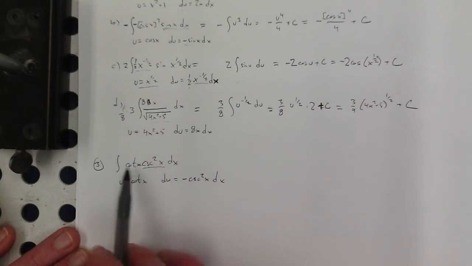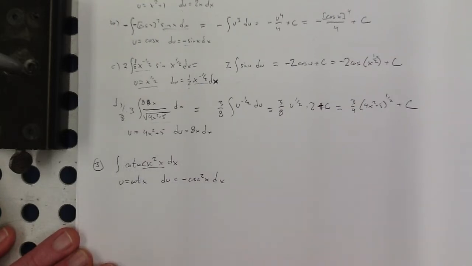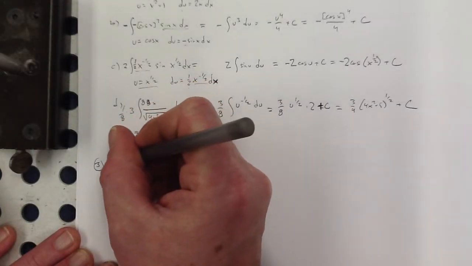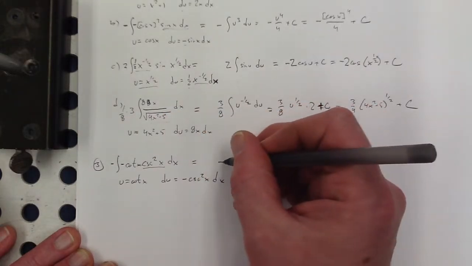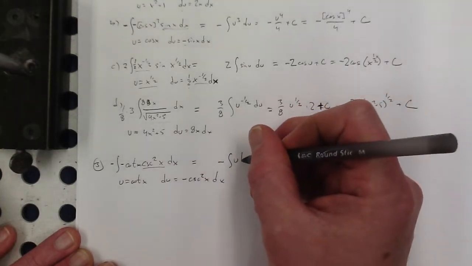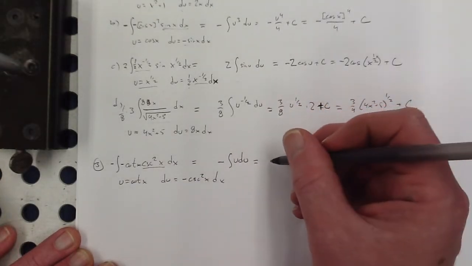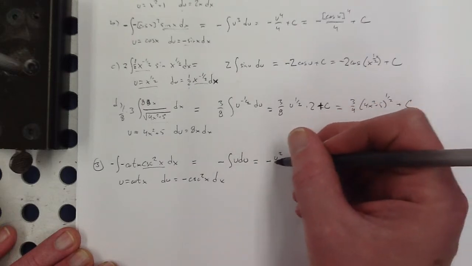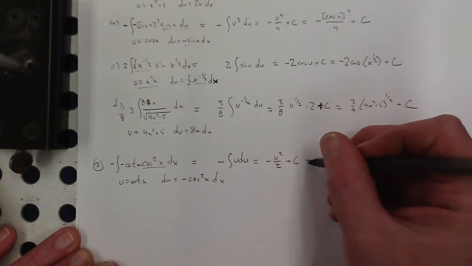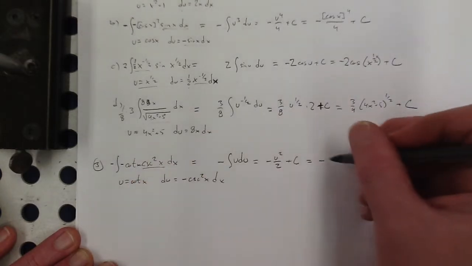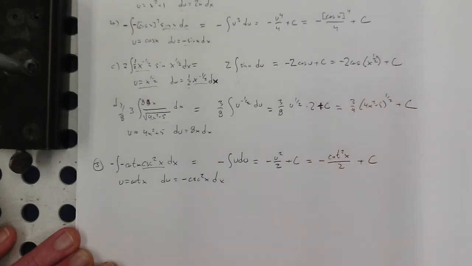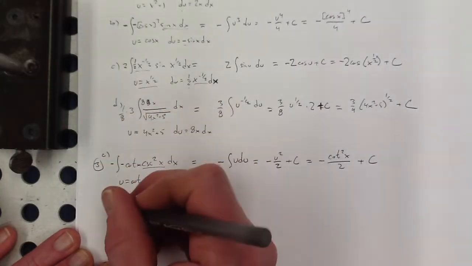You just kind of have to think about what's the derivative of what with trig functions and how you could get this to work. Now I'm going to need a negative sign in there, so I'm going to put one on the outside also. This is my u, and this is my du. So that's minus the antiderivative of u, which is u squared over 2. So minus u, that's cotangent squared x over 2 plus c. That was A.